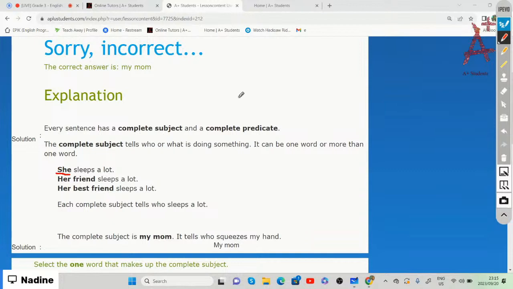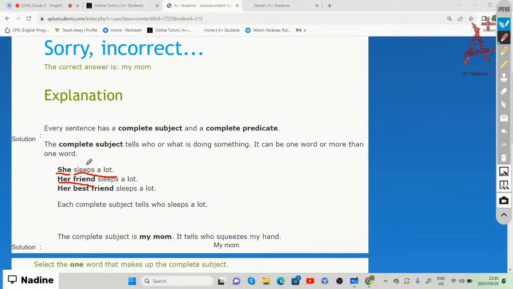And the predicate is sleeps a lot. So she is the subject and sleeps a lot is the predicate. When we say it has one word or more than one word, the one word is she. More than one word is, for example, if we have a sentence that says, her friend sleeps a lot.